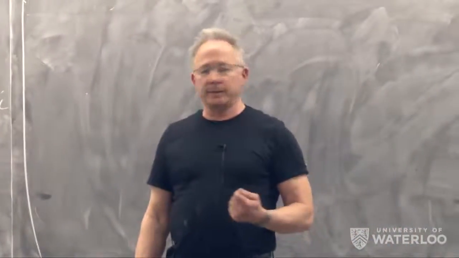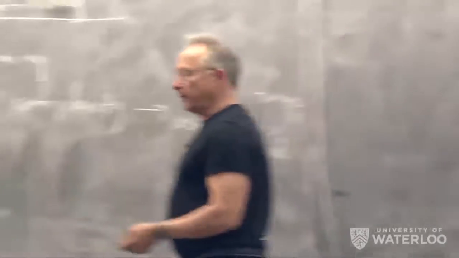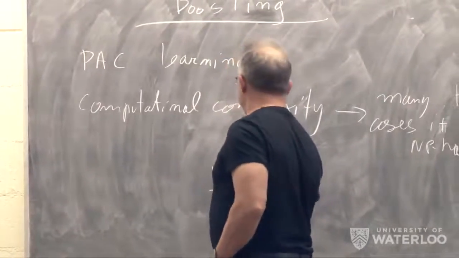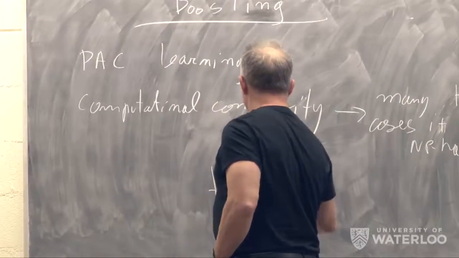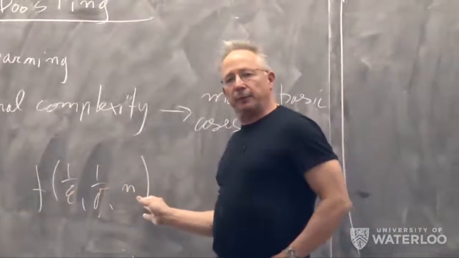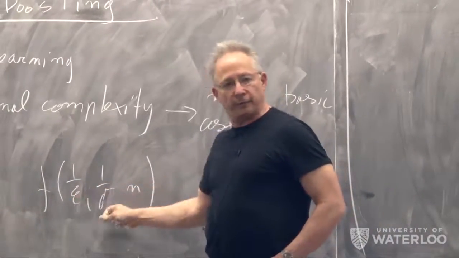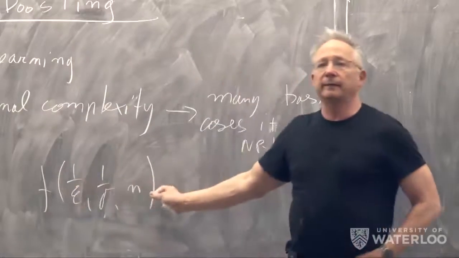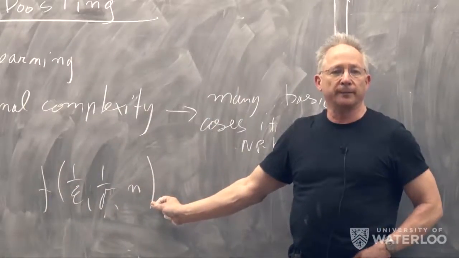As you remember, we were trying to find a function of 1 over epsilon, 1 over delta, and some complexity parameter n, that will be the runtime of your learning in order to achieve these kind of guarantees. And it turns out that this is going to be computationally hard.